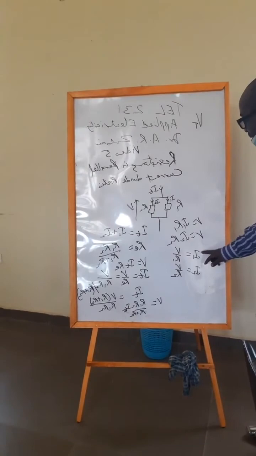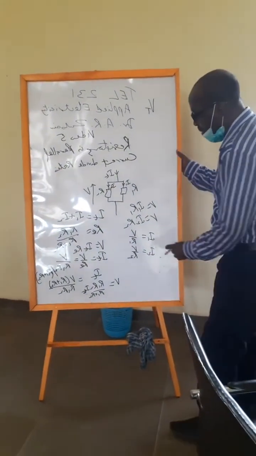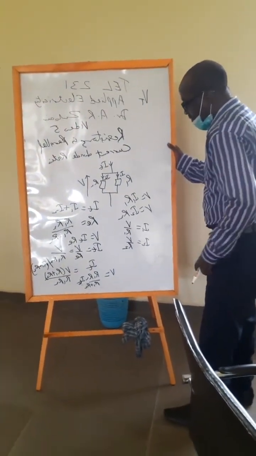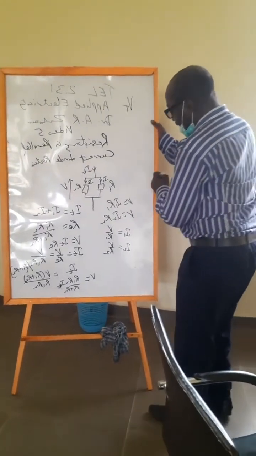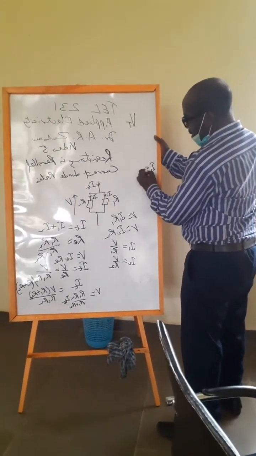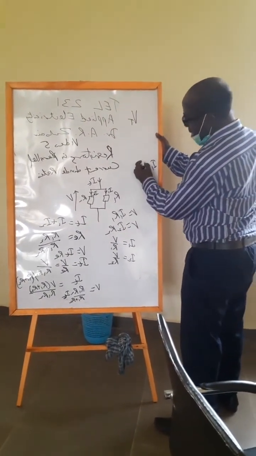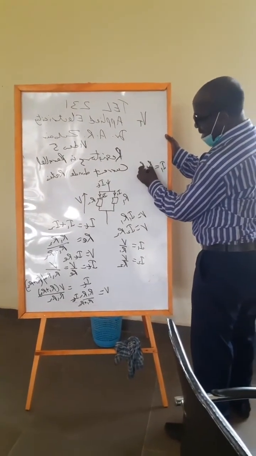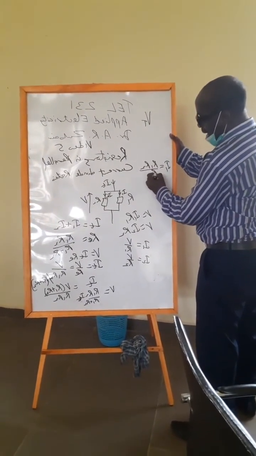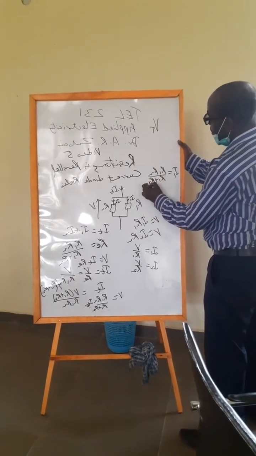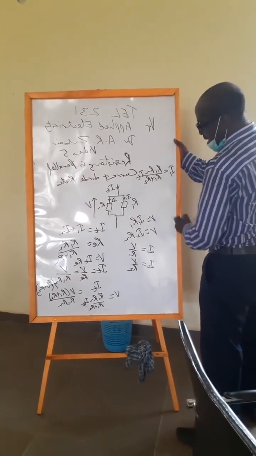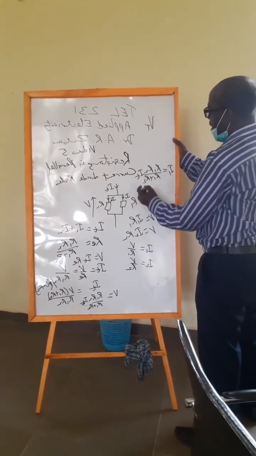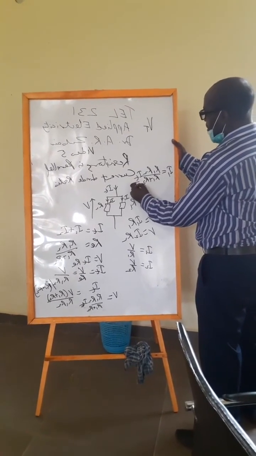Let's now come here. Substitute for V. If you substitute for V, we say that I1 is going to be equal to V, which is R1 R2 over R1 plus R2 times IT. And we are to divide by what? R1.